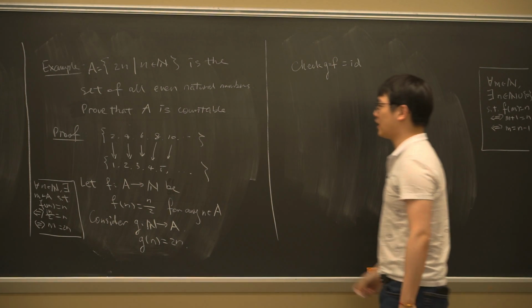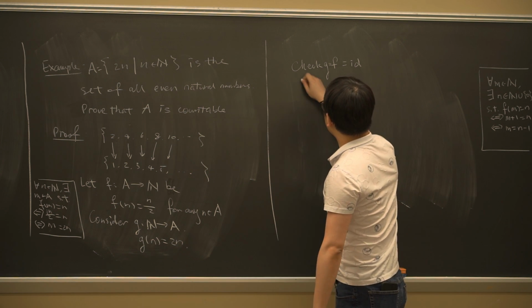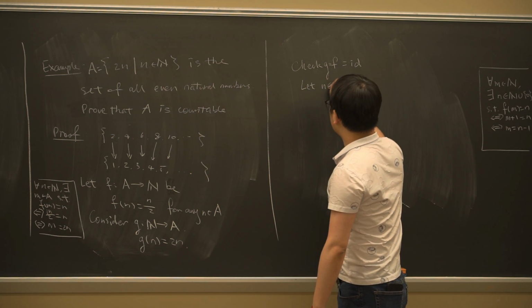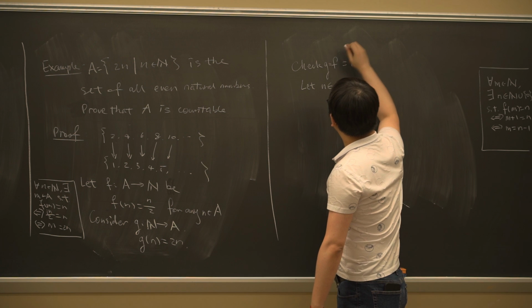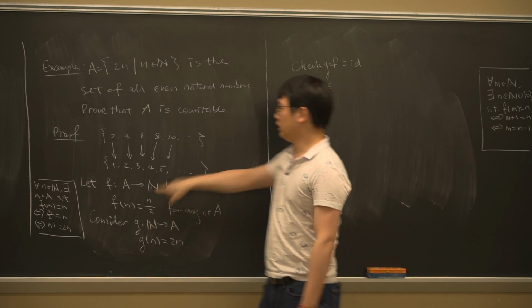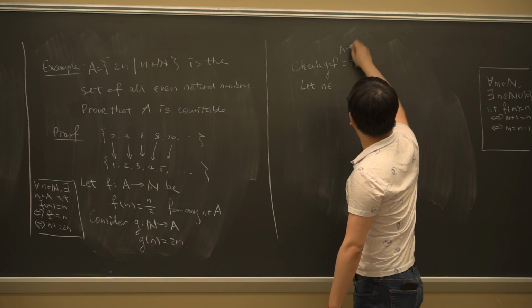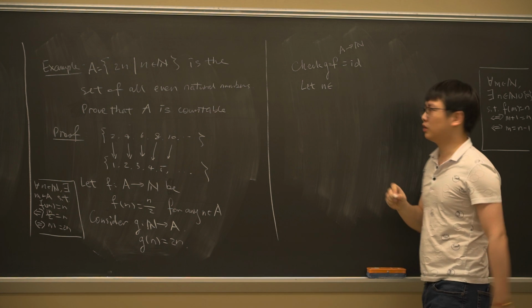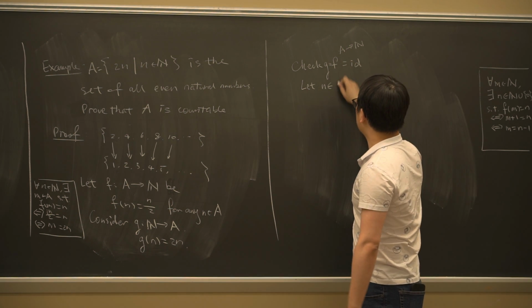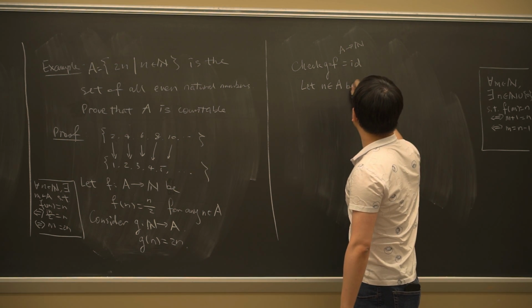Okay, this is something that we've done a lot of times. That we pick a generic element. Remember, g is from N to A, so we want to pick a generic element in the domain.